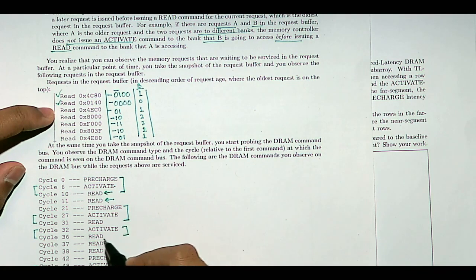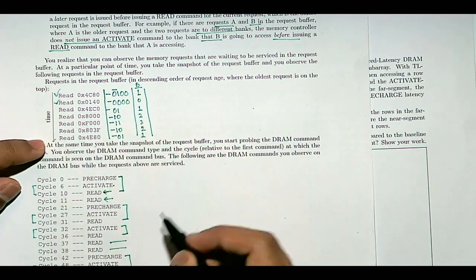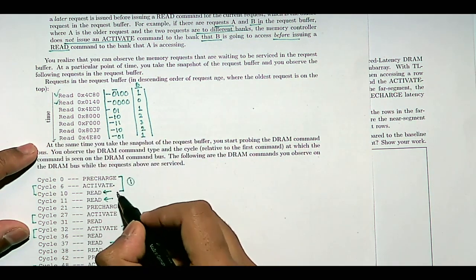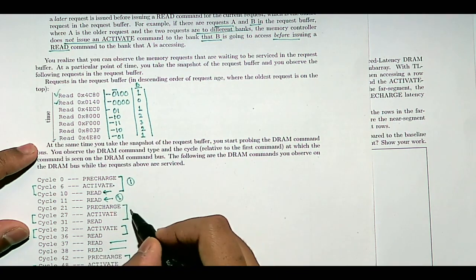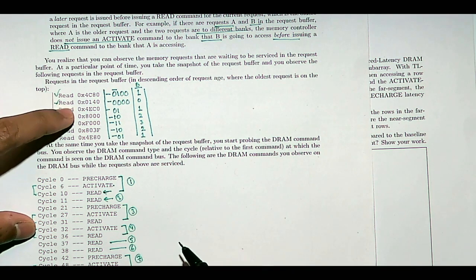These two are for this read, this read goes independently, this read goes independently, and then these three are for the last access. So this is access number 1, this is access number 2, 3, this is 4, 5, 6, and 7. Do we have 7? Yes, we have 7.